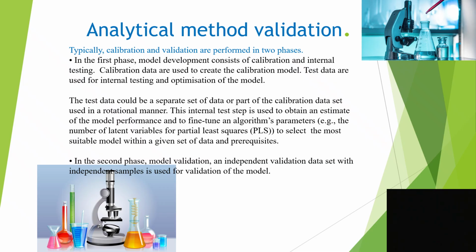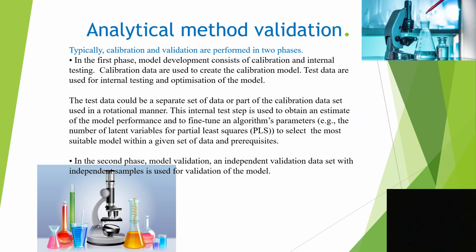The next item: typically calibration and validation are performed in two phases. In the first phase, model development consists of calibration and internal testing. Calibration data are used to create the calibration model. Test data are used for the internal testing and optimization of the model.